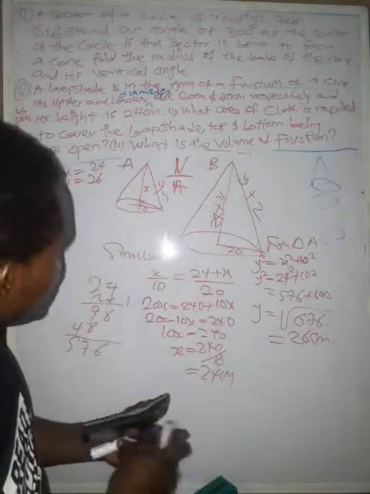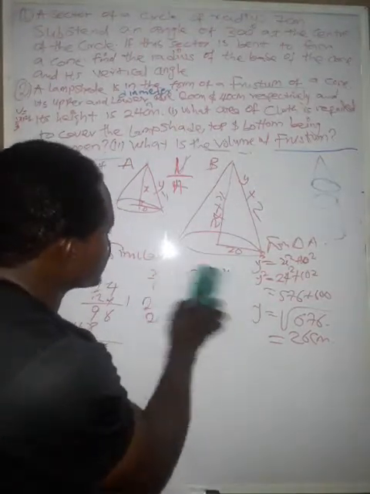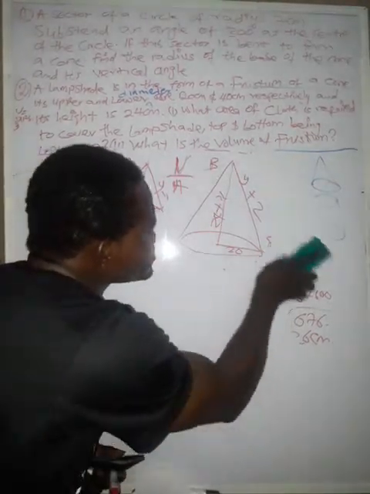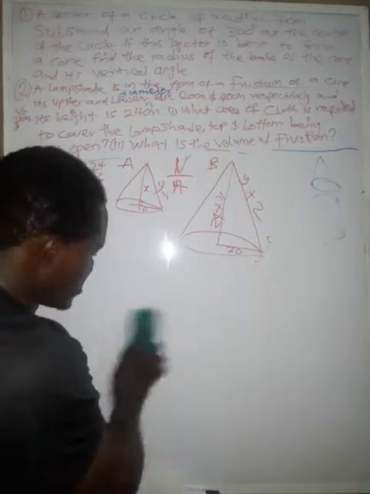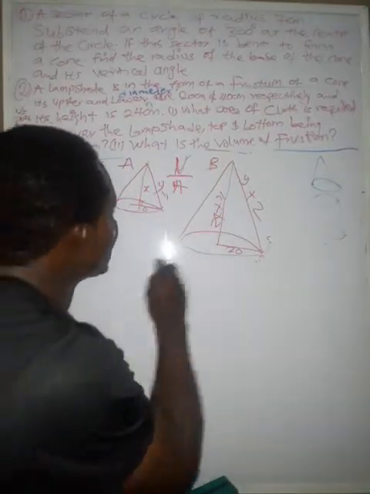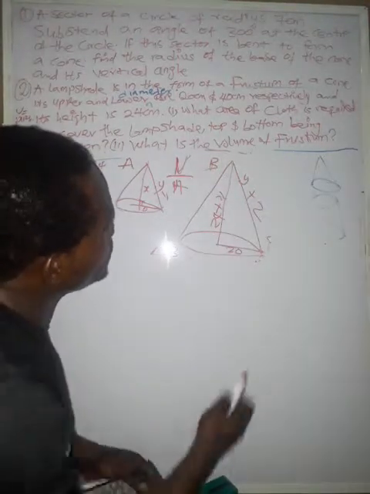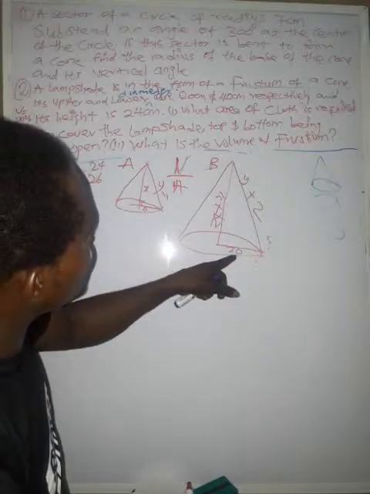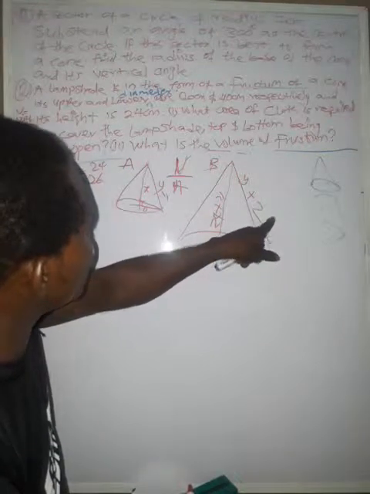Okay. Now I will come to triangle B. From triangle B, what am I having? I know y, I don't know z.